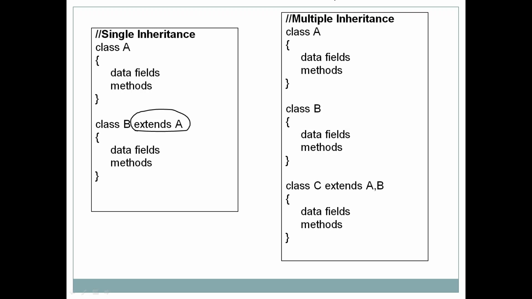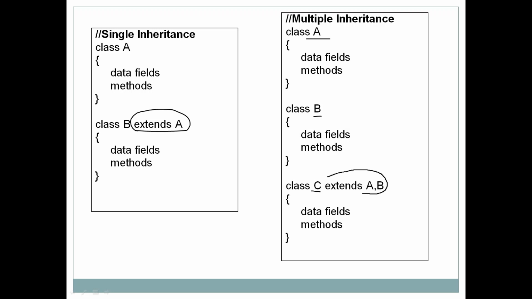Then multiple inheritance. So we have class A having its properties and class B with its own properties, and suppose we have a class C which is inheriting from two classes.